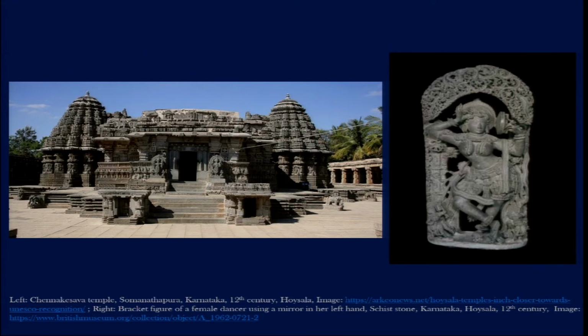As we know, someone who has a mirror also applies kajal in her eyes, or fixes her hair. As we can see, her other hand is right here by her forehead.